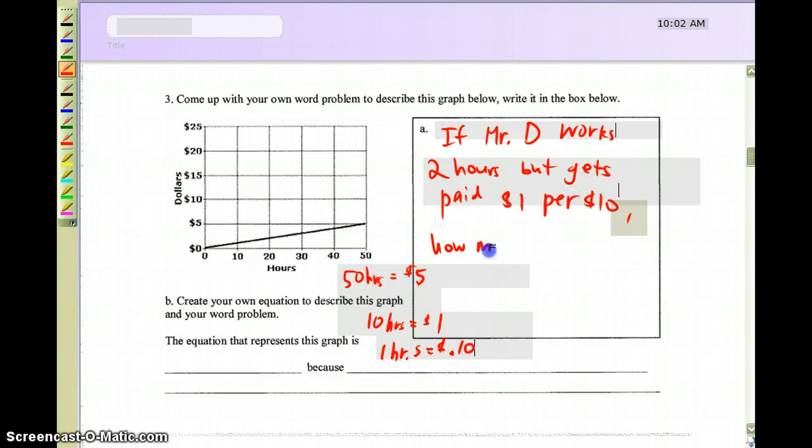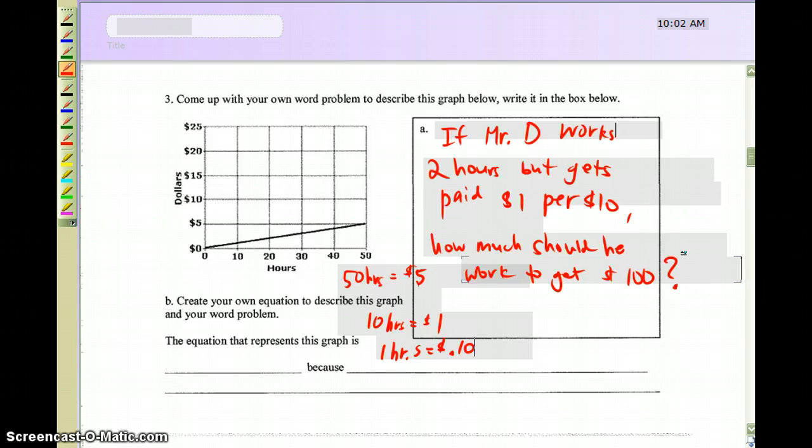How much should he work to get $100? Okay, that might be a nice word problem.